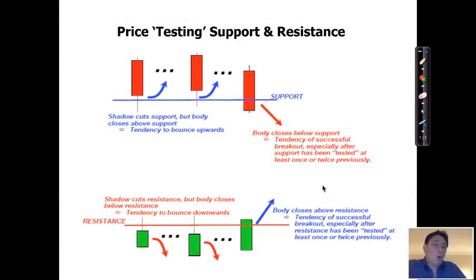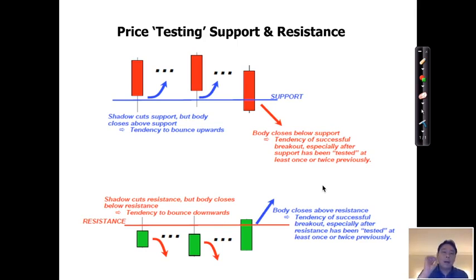Now, another important concept to understand, and I use this concept a lot in trading currencies, is testing of support and resistance. So when I say that the price is testing a support, what does it mean? It means the price is going to the support and bouncing off the support. And the support is preventing the price from going lower. That's what I mean by testing.